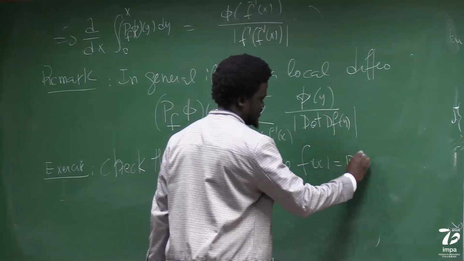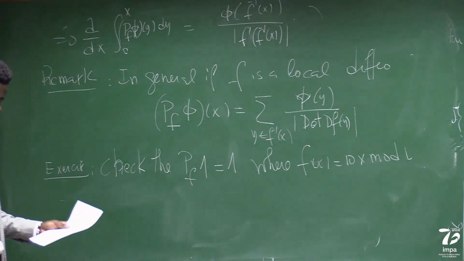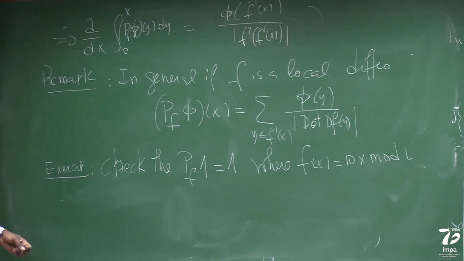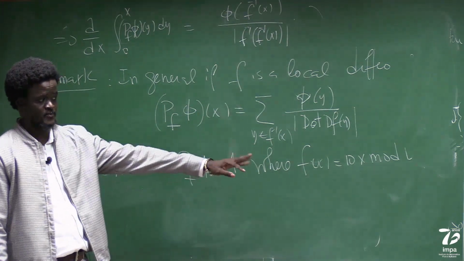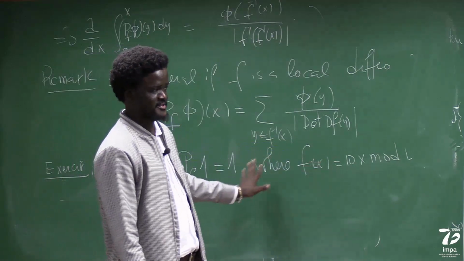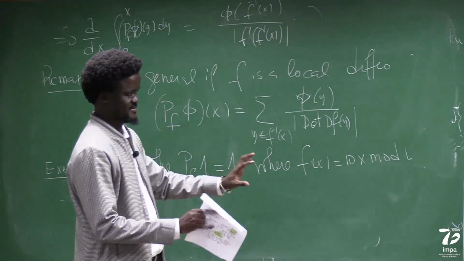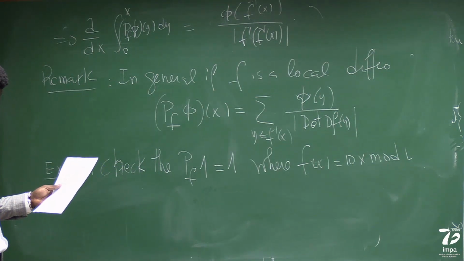It's 10x mod 1, okay, if you want. Now this is just simple. It's another way to see that Lebesgue measure is invariant for 10x mod 1. But for Lebesgue measure being invariant for 10x mod 1, you don't need to use this operator, okay? You can just do it by hand, just do calculation.